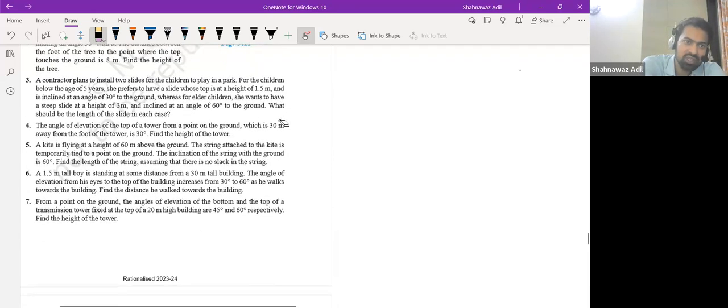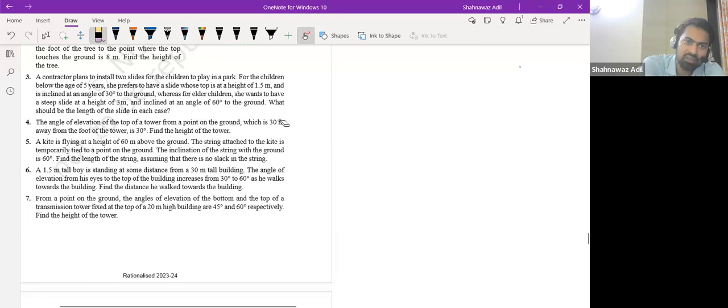Okay, so the next question is that a contractor plans to install two slides for the children to play in the park, right? For the children below the age of 5 years, she prefers to have a slide whose top is at a height of 1.5 meter and is inclined at an angle of 30 degree to the ground, right? So we have two slides. This is the slide.